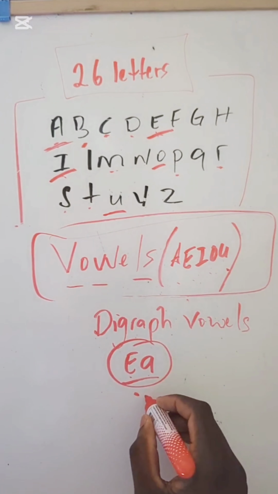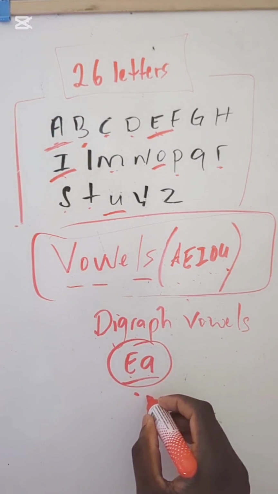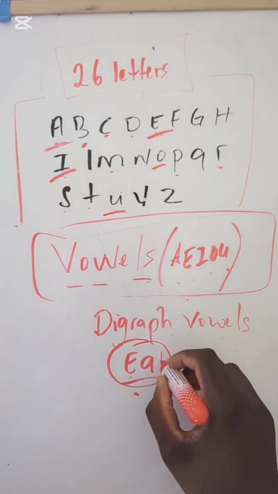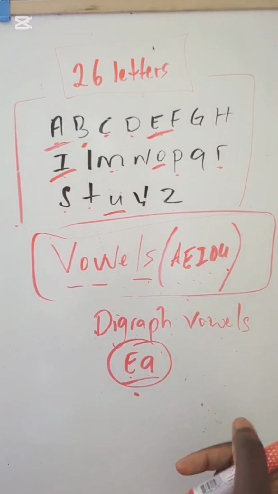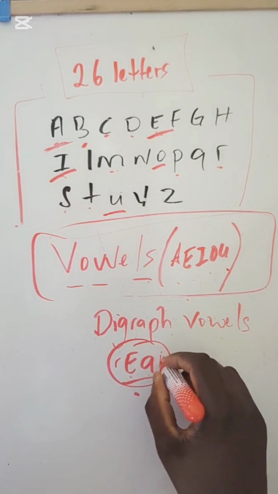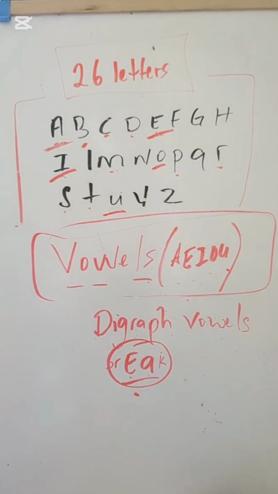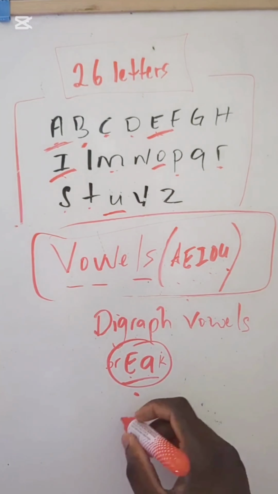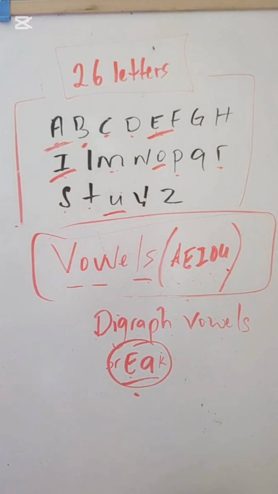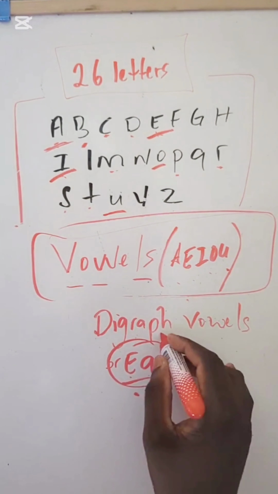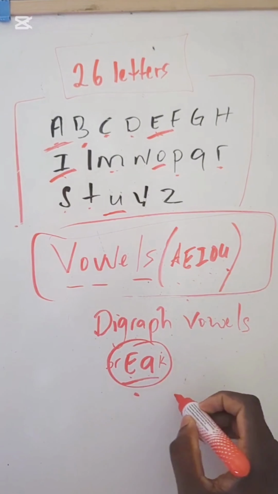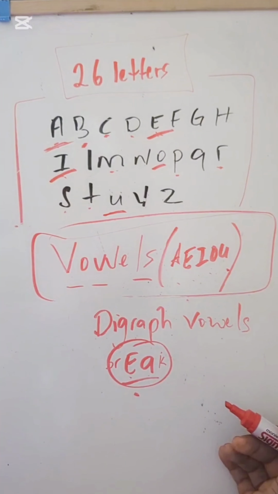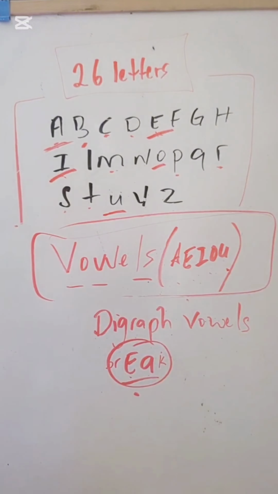It can say E, like in the word eat. It can say A, like in the word break. So it can say more than one thing, but the most important thing to know is that a digraph vowel is two letters combining together to make one sound. That's all there is to it. Right?